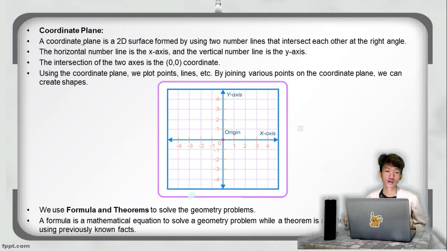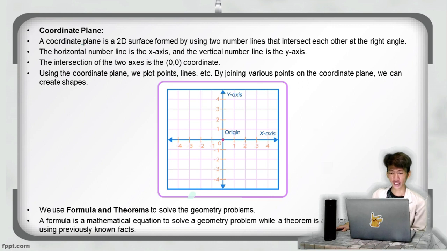Coordinate plane. A coordinate plane is a 2D surface formed by using two number lines that intersect each other at a right angle. The horizontal number line is the x-axis and the vertical number line is the y-axis. The intersection of the two axes is the 0,0 coordinate.